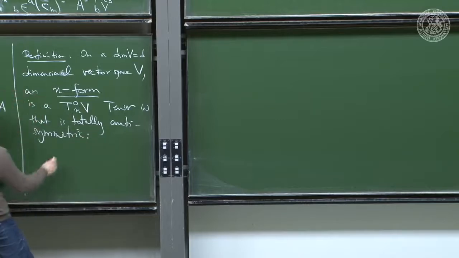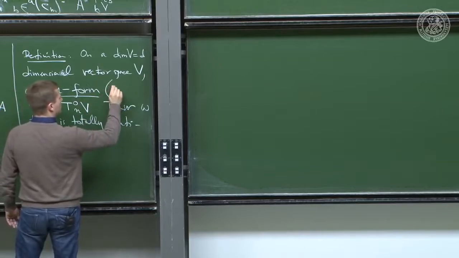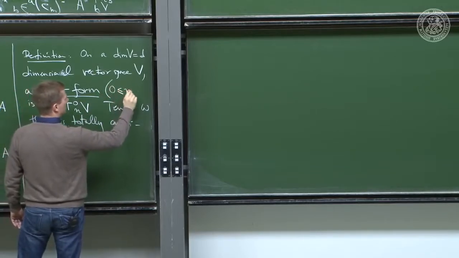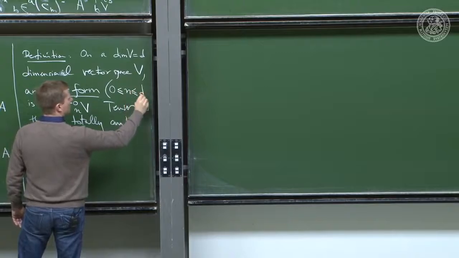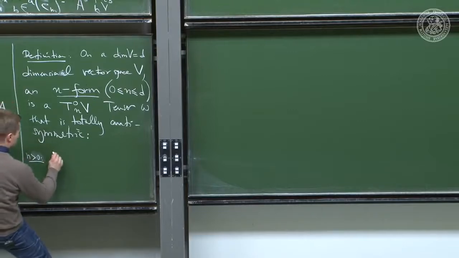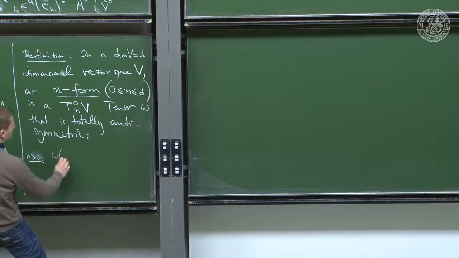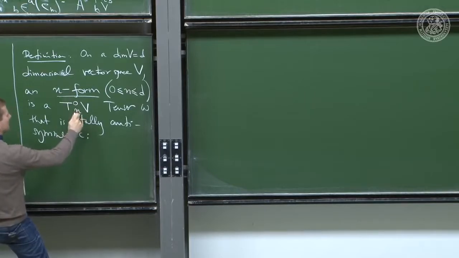What does that mean? Well, first of all, the n must be somewhere between 0 and the dimension of the vector space. The case for 0 is special, so let's first do the case n greater than 0, and the n equals 0 case comes in a second. For n greater than 0 you have an omega, and if it's an n-form, it eats n vectors.